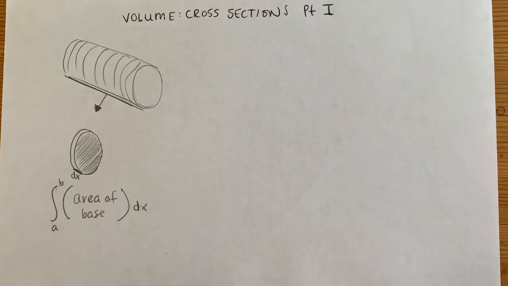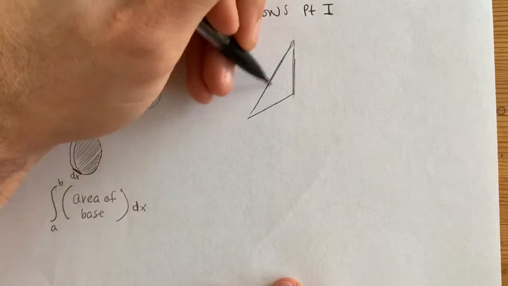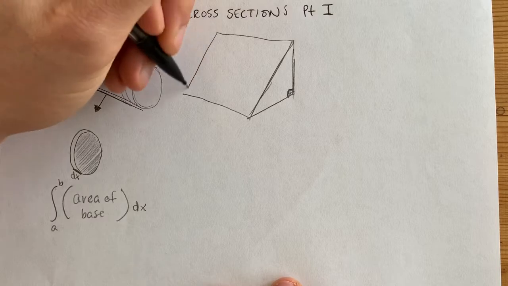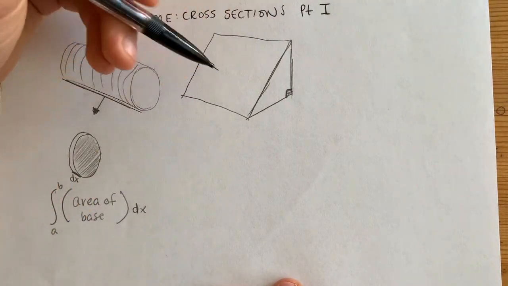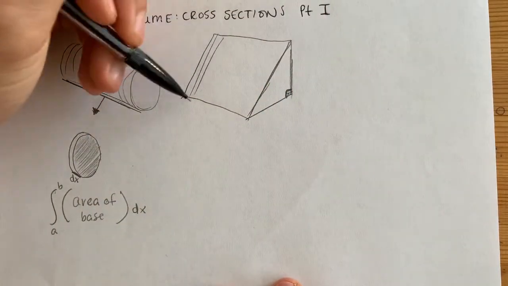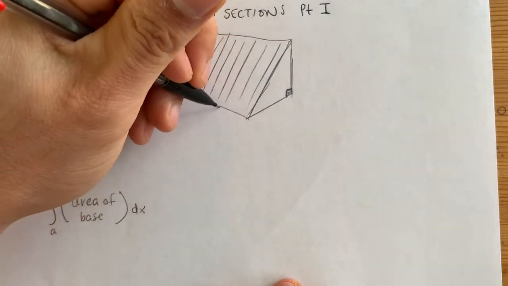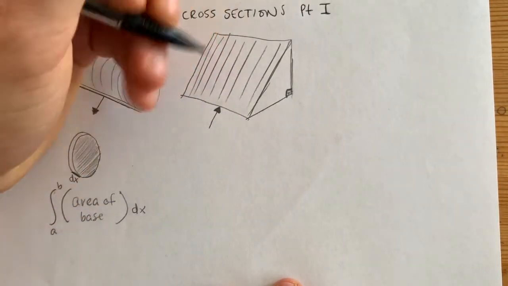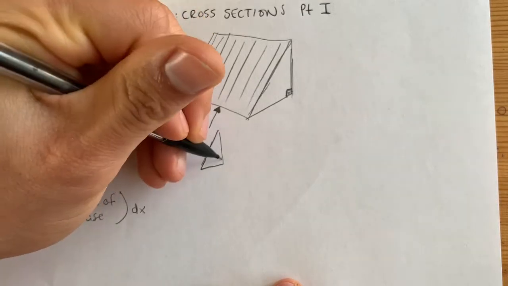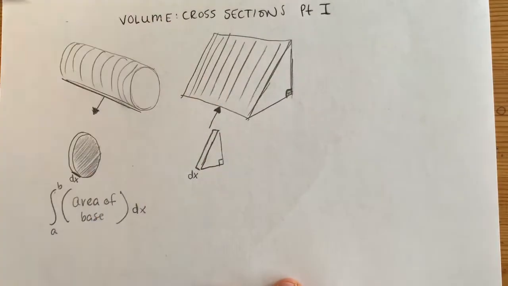Well, that's just one cross section. Let's say I draw a different shape. Let's say it's like some cheese or something here. And if I took a cross section and I sliced this cheese into thin slices, okay? And if I just pulled out one of those slices, then we would have a triangle here, like that, with a tiny bit of thickness, dx.